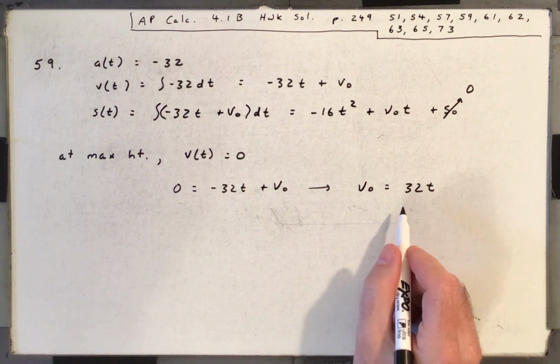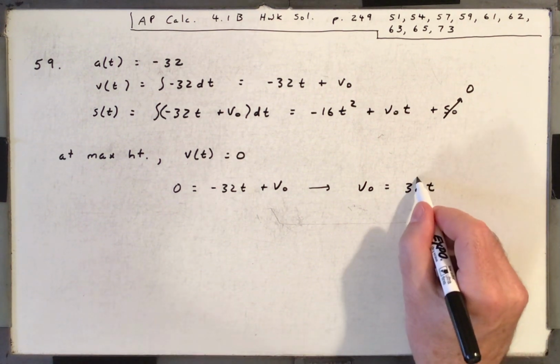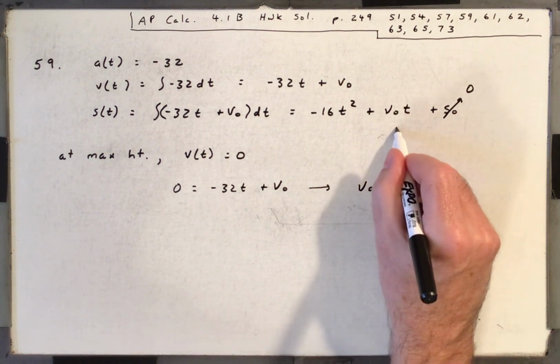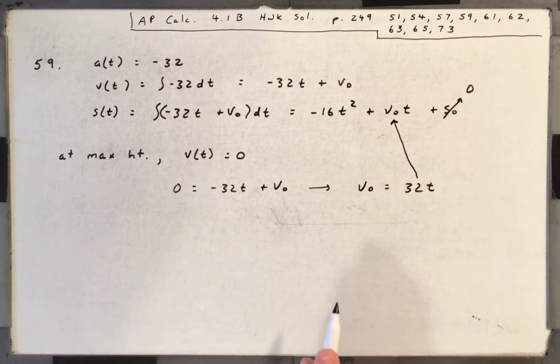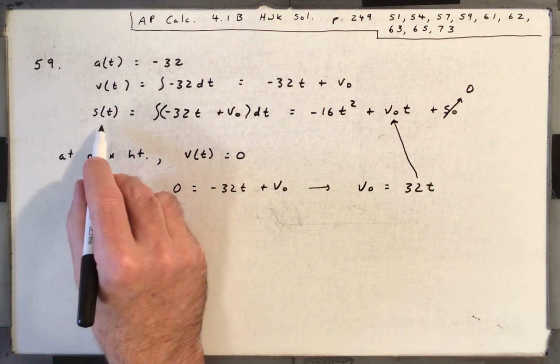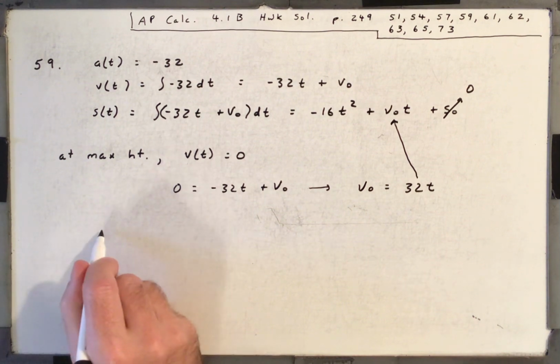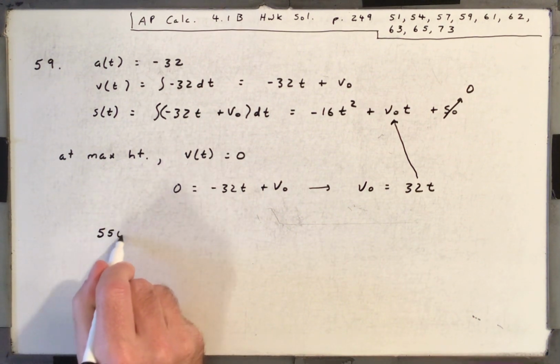Now we can make a substitution. We can substitute 32t for v naught. Now we know our final position will be 550.